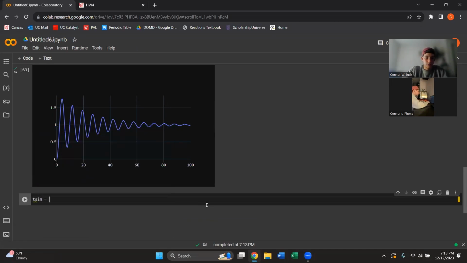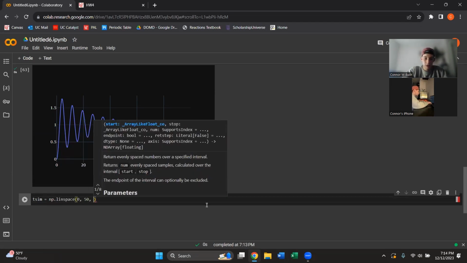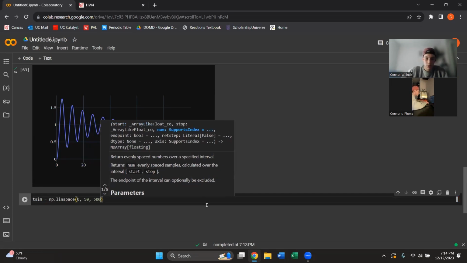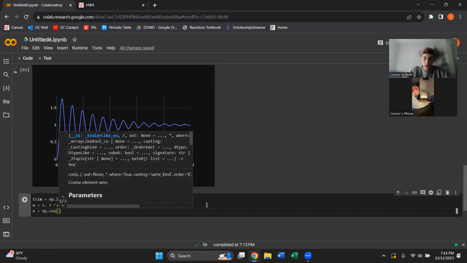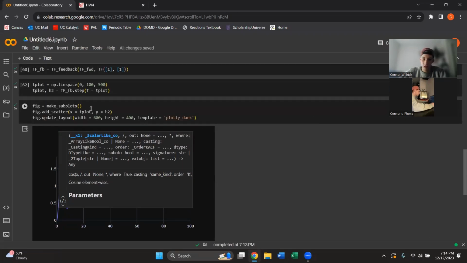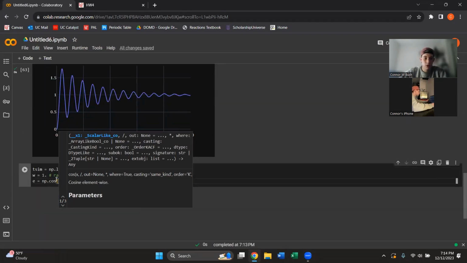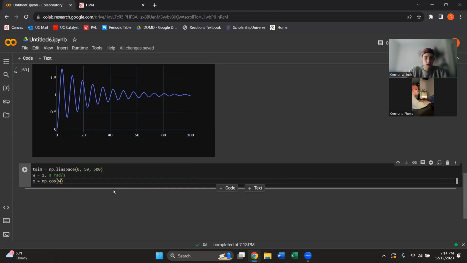We'll call this tsim, from 0 to 50 this time, still with a lot of points in between. Our frequency is given as just 1. That's in radians per second. And then our error function is this sort of cosine function. So earlier we had a step response, now we're having this sinusoidal response.